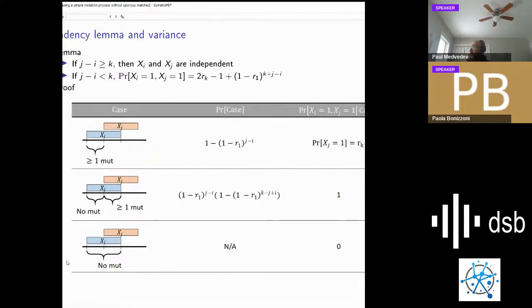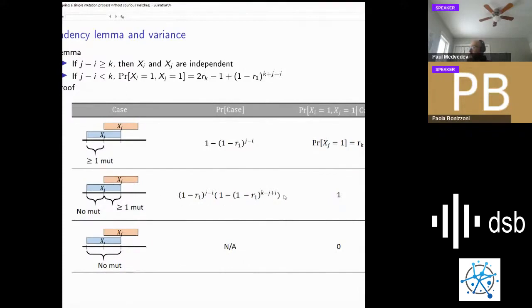and you'd break your analysis down into 3 cases. In the first case, you would have at least one mutation here. You can compute the probability of that case happening plus the joint probability conditioned on that case, which in this case, a single mutation here guarantees xi is 1 and has no effect on xj. So the joint probability is actually just the probability of xj being 1. In the second case, we have no mutations in this half, but at least one mutation here.